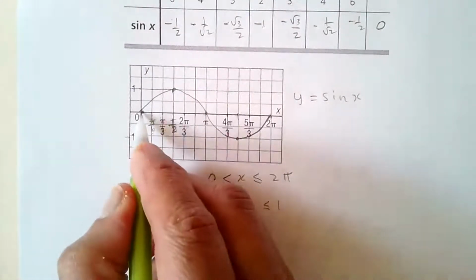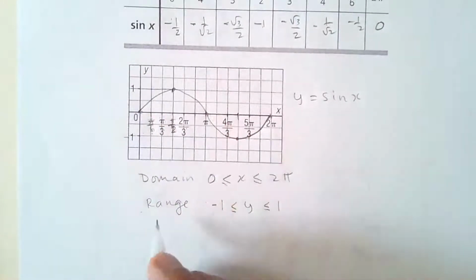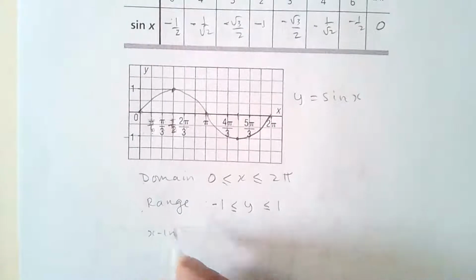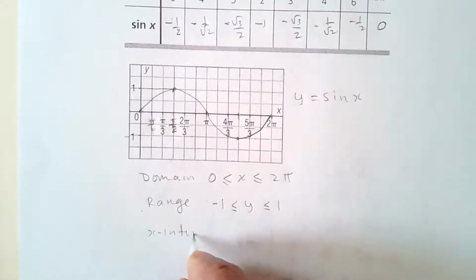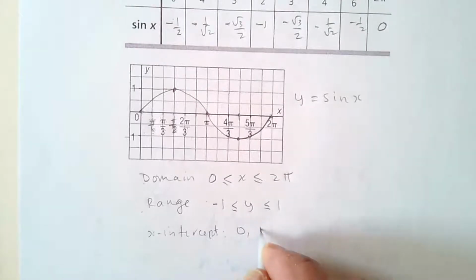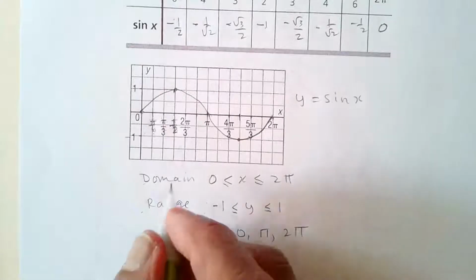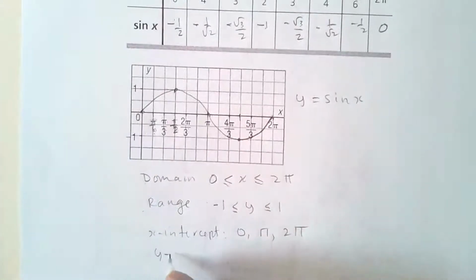The x-intercepts are 0, pi, and 2 pi, and the y-intercept is 0.